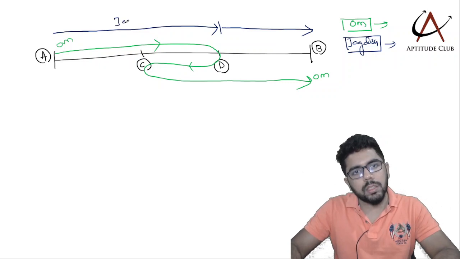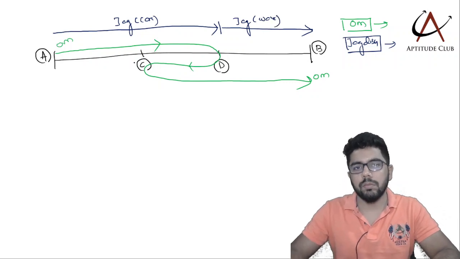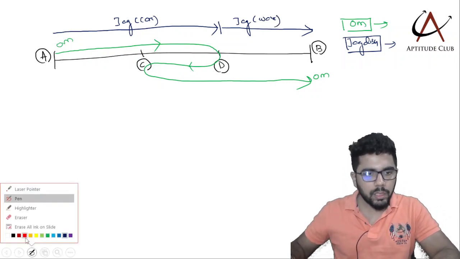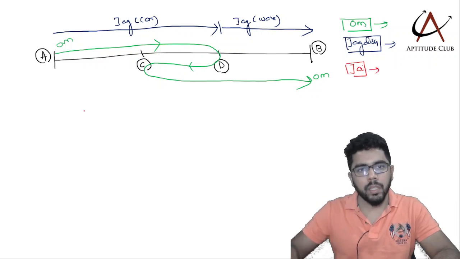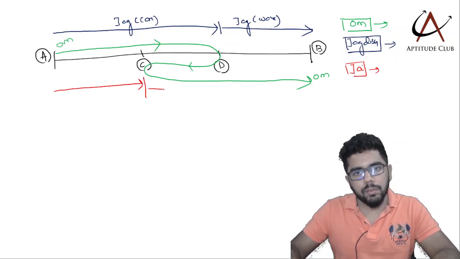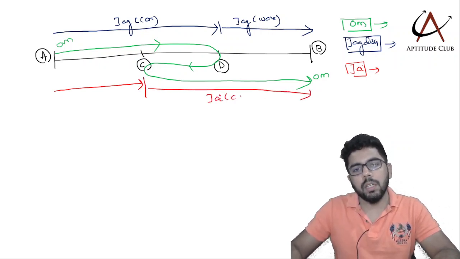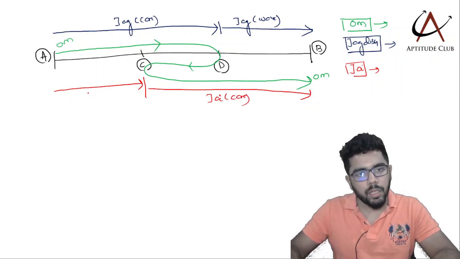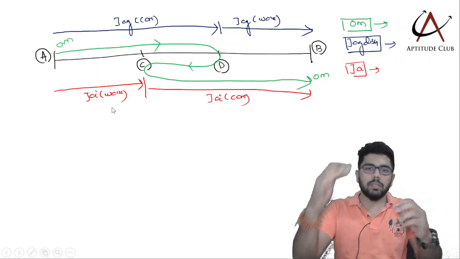Here Jagdish is traveling by car, and this part Jagdish is traveling by walking. And if I am using red color for Jai, you see this portion of the distance Jai is walking, and from this portion till this portion Jai is going by car, and here Jai is walking. This is how they are traveling.